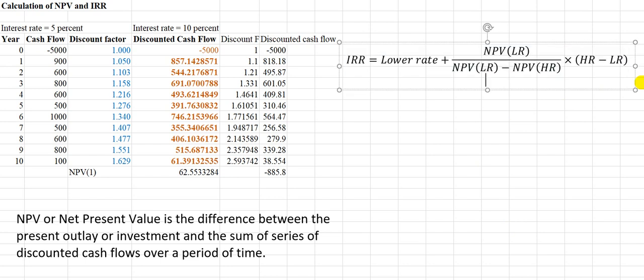And now the lower rate is 5% plus NPV at lower rate, which is 62.5533, divided by 62.5533 minus 885.8, times 10 minus 5.